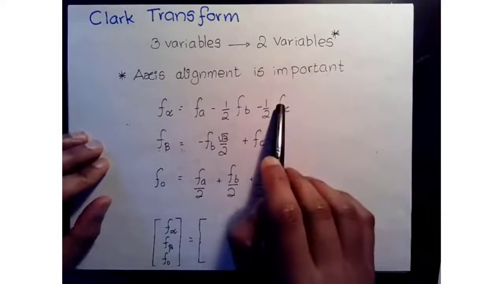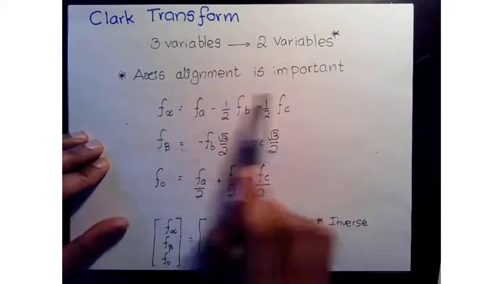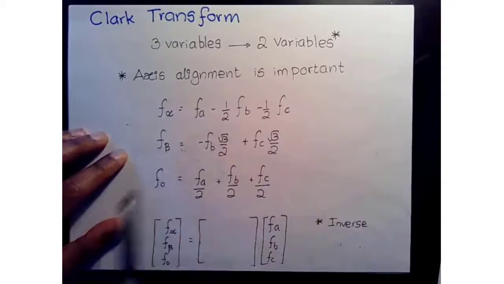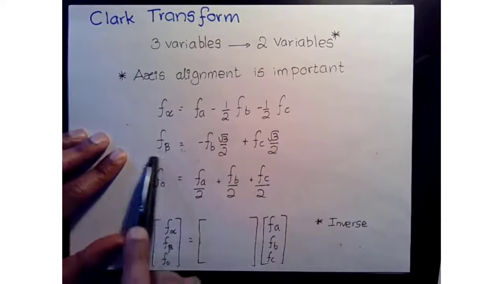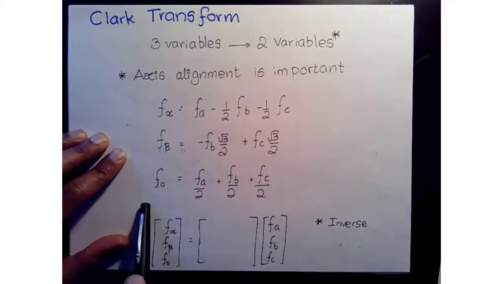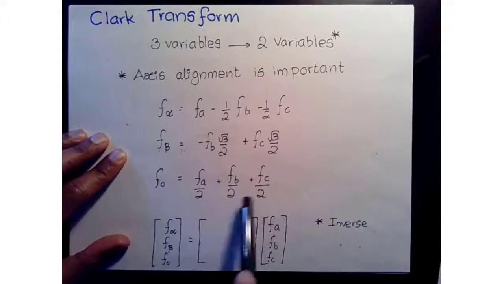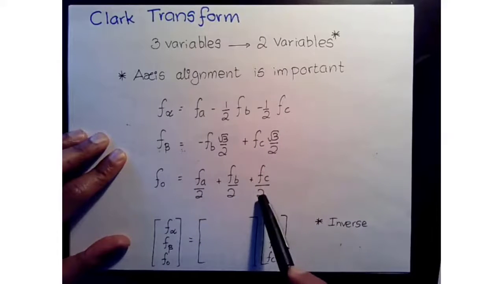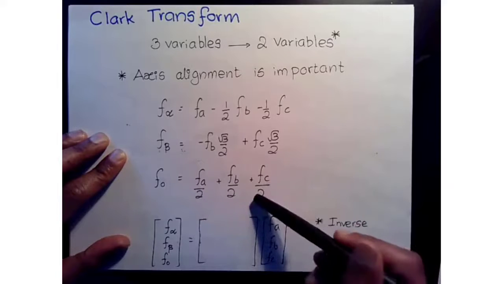We are transforming these A, B, C variables to alpha, beta, and this zero sequence I mentioned earlier: alpha, beta, and zero. If you compute this for our three-phase balanced system, this is going to be zero. You're welcome to compute that.